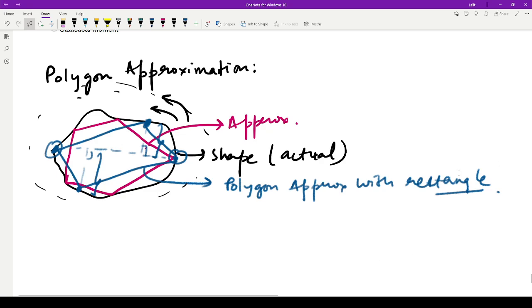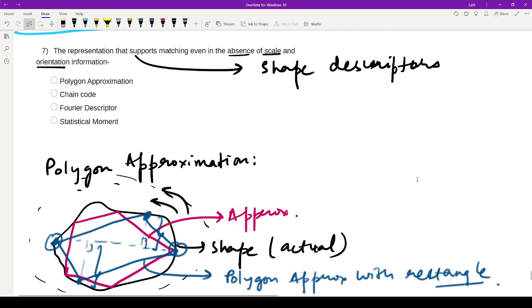So you don't have to worry about those things. Even in the absence of scale and orientation information, you don't explicitly need to know the scale and orientation of the object. Whatever you give, the algorithm will work out. So this supports scale and orientation information. How about chain code?